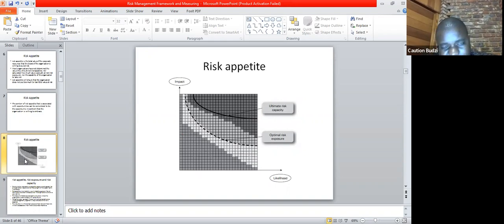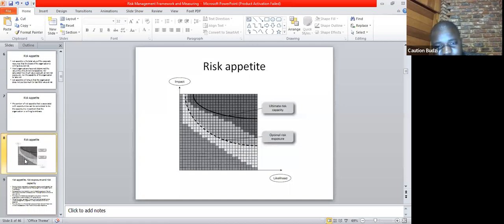So you'll find that these organizations are willing to take risks which have a low probability of occurring, even if the impact is high, but if the probability of occurring is low, they are willing to take those risks. But if the probability is high and the impact is also high, they avoid those types of risks.